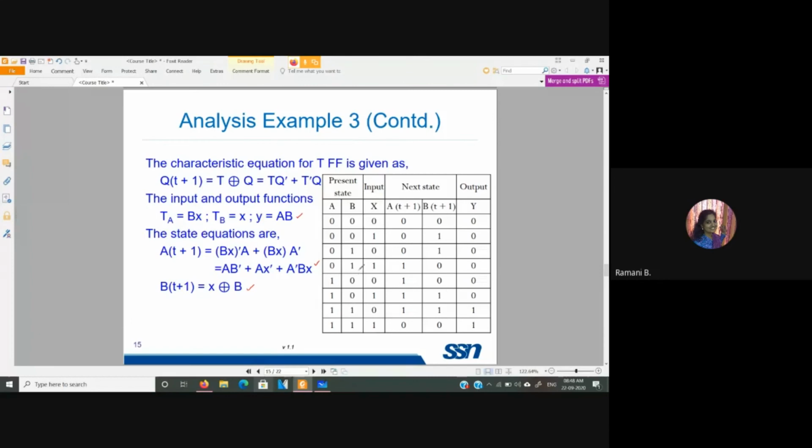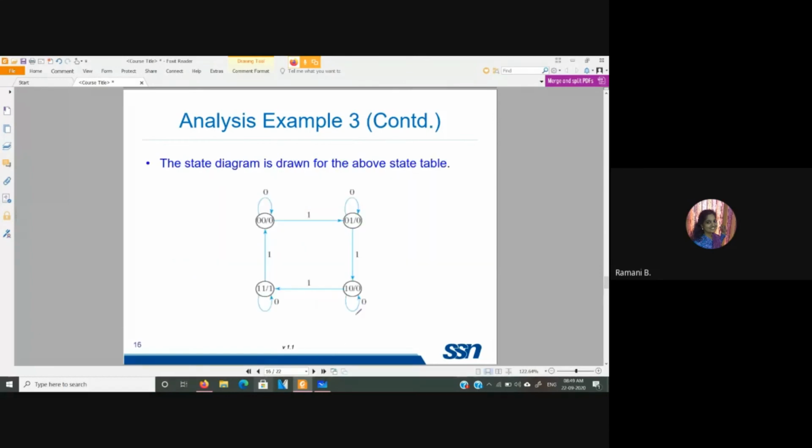With respect to this, again, we draw the state diagram. Here the main difference is, as the output depends only on the present state of the flip-flop, you write this output inside the circle itself.